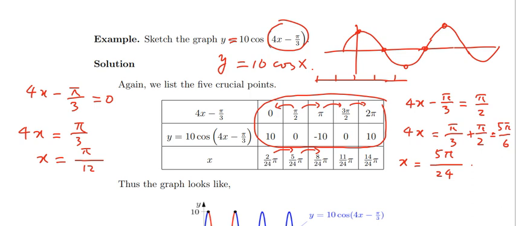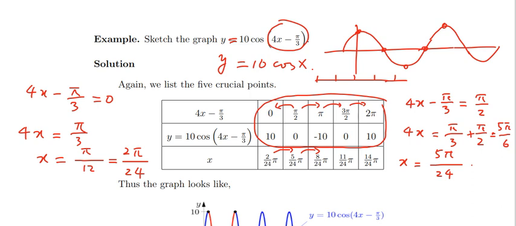To make the distance easy to find, we change this pi over 2 and this 5 pi over 24. The denominators are not the same, so we prefer to make them the same and just use 24. So when 4x minus pi over 3 equals 0, x equals 2 pi over 24.